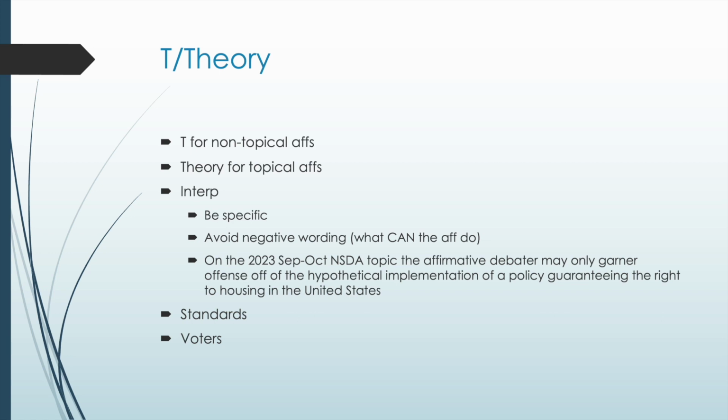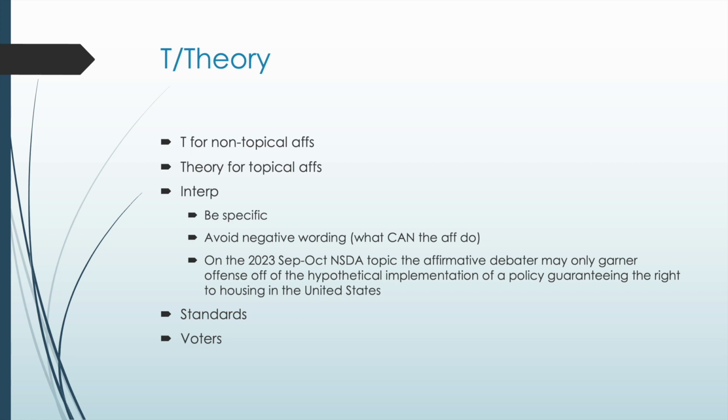A little bit of advice for how to structure your theory argument when you're responding to a K Aff: interps, just like always, should be specific, and especially important when we're answering K Affs, we should avoid negative wording. So instead of saying that the AF cannot do this, we should say that the AF must or may only do this. Instead of putting a restriction on the AF, we are putting a requirement on the AF, which seems like a vague difference, but it does matter ultimately when you're contextualizing this to a K Aff debate.